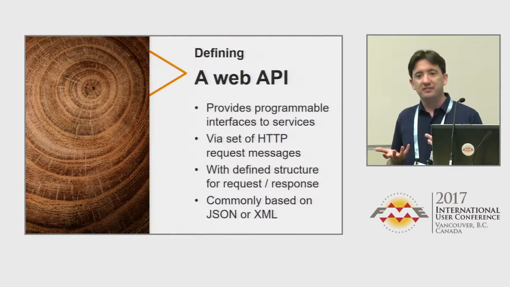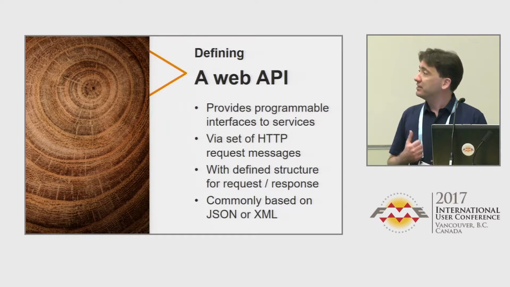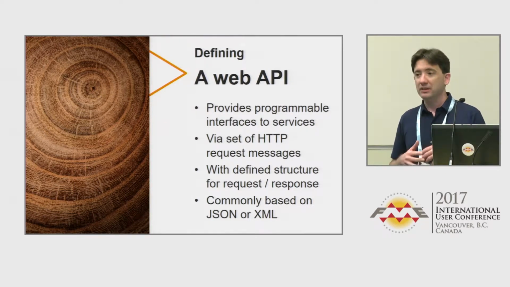Typically these days, when we talk about an API from a lot of the web stuff, it's all going to be done over HTTP. So it's all HTTP messages, normally through a GET request or a POST request. That will then give you back a defined structure of your data, and typically they're in JSON format or XML format. Increasingly, we're seeing more and more of them moving away from an XML structure and embracing JSON.